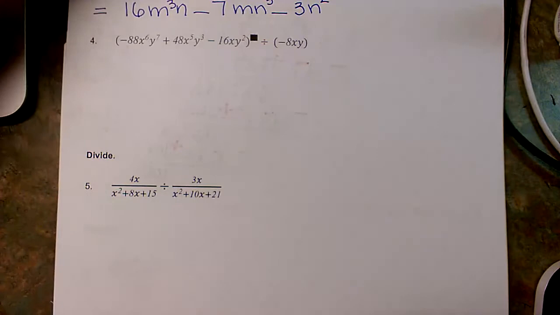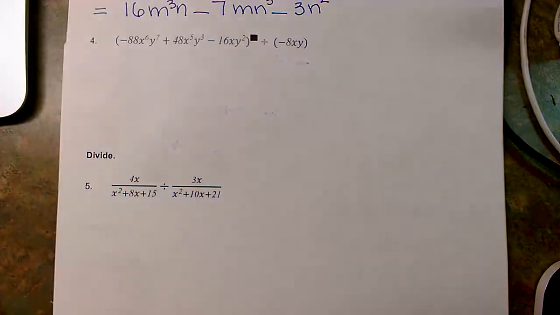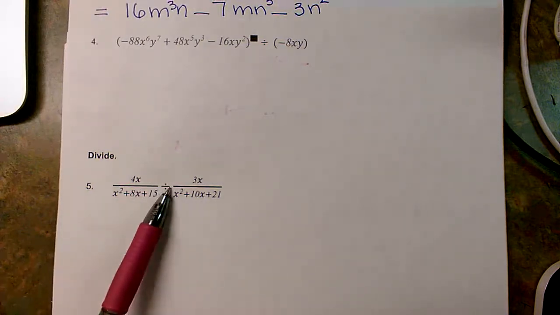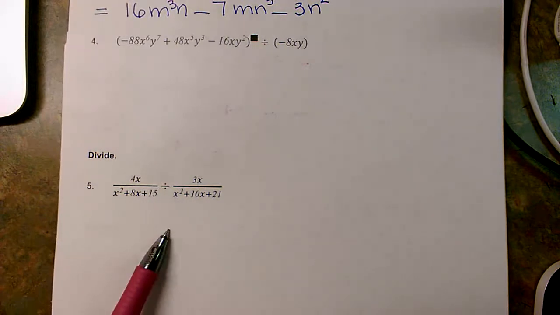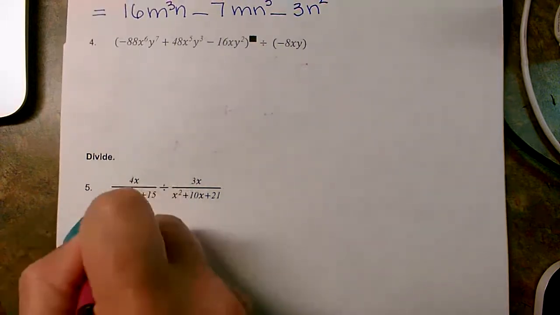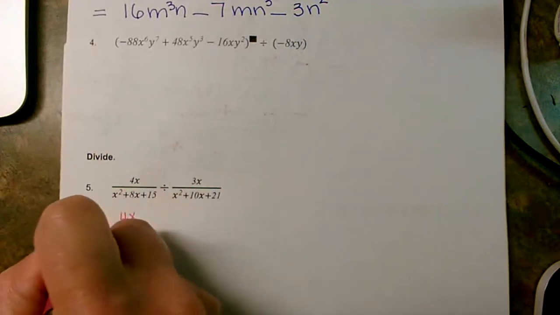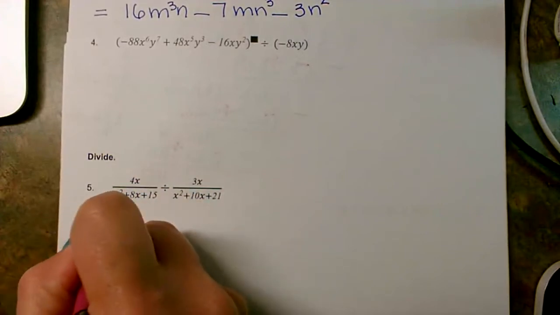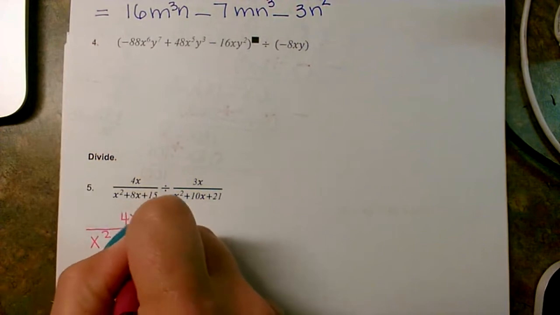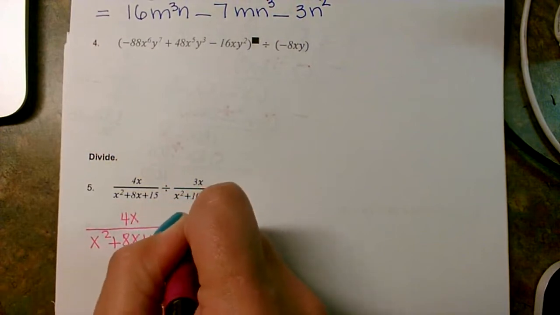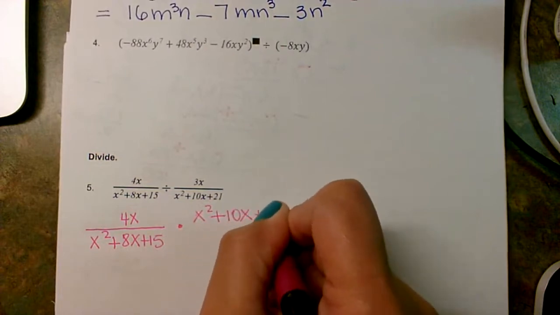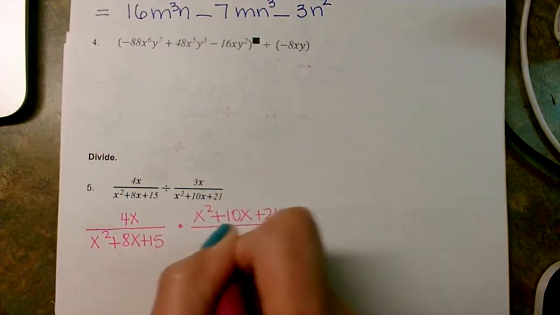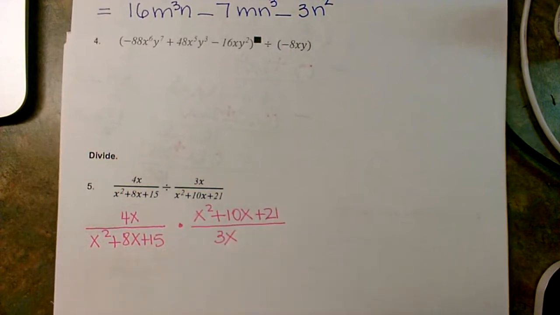Now this one says divide. Okay. We know that division becomes multiplication when we multiply by the reciprocal. So we're going to do that first. Here we go.